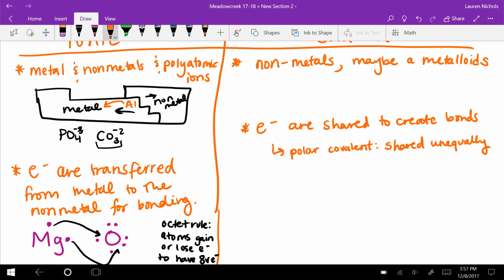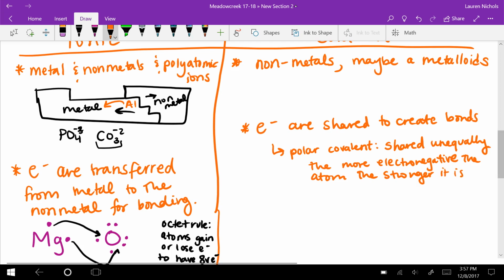And the reason why this occurs is because the more electronegative the atom, the stronger it is. So if you have an unbalance, then it means that they're not going to be able to share. One will be stronger than the other.